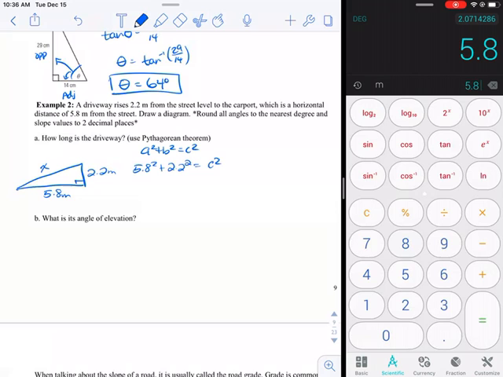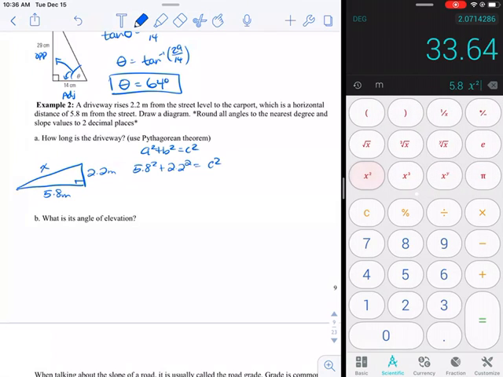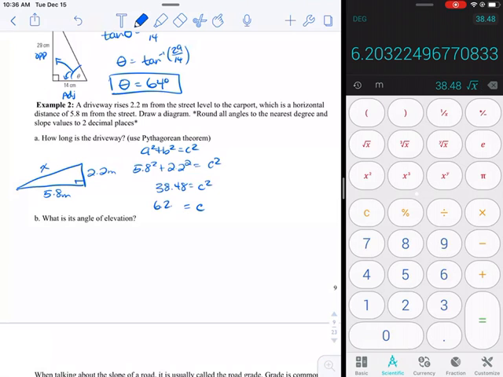So 5.8 squared plus 2.2 squared, 38.48 is equal to c squared. Now if you take the square root of that, you get 6.2 meters. So the actual length of the driveway is 6.2 meters.